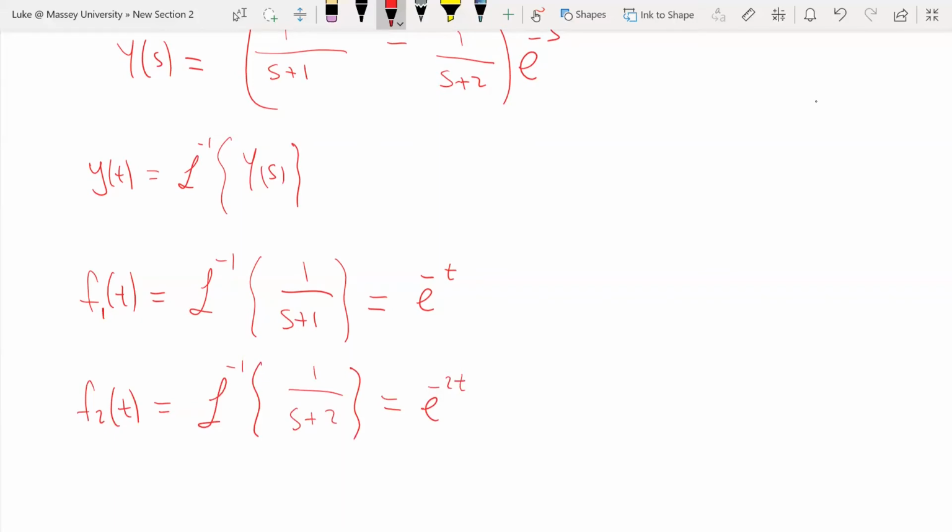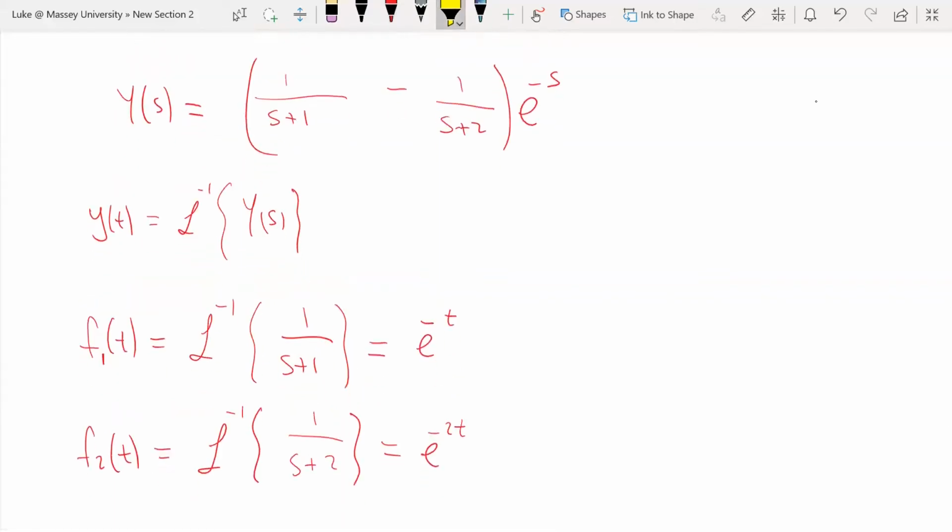If I did not have this exponential term here, the inverse Laplace transform of Y(s) would just be some linear combination of these two exponentials. But I do have this e to the minus s here, so I have to use the second translation theorem, which is a way that we shift the solution in the t domain.